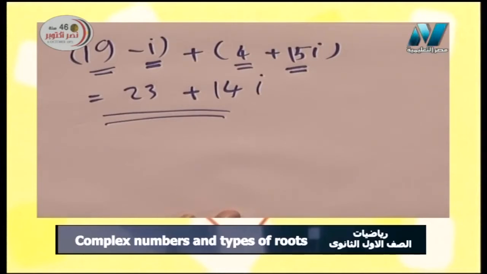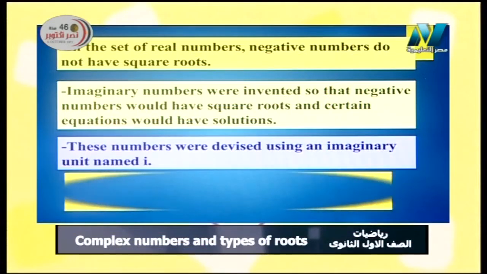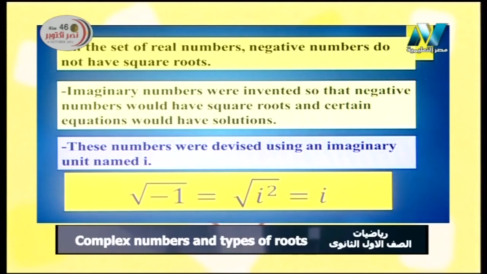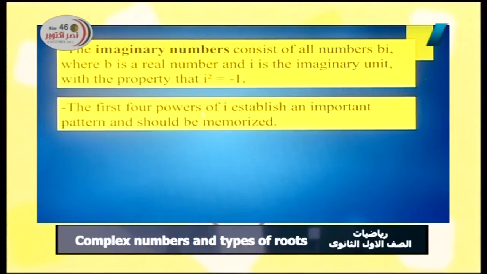We have here the set of imaginary numbers. Why were imaginary numbers invented? Negative numbers would have square roots, and certain equations would have solutions. And we have i squared equals negative 1. Remember that.